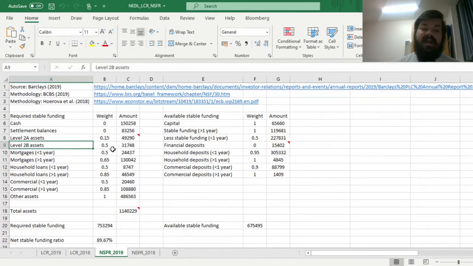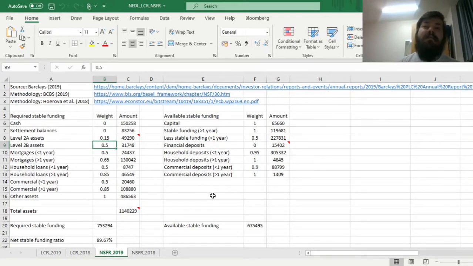And level 2B assets, which are basically high quality equity instruments, stocks of blue chip companies, go into the required stable funding with a weight of 50%. And the calculations of those categories, level 2A assets and level 2B assets, were covered in a lot of detail in our previous video on the liquidity coverage ratio, so please check this out if you're interested in that.